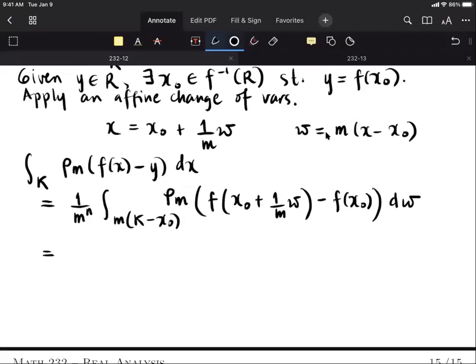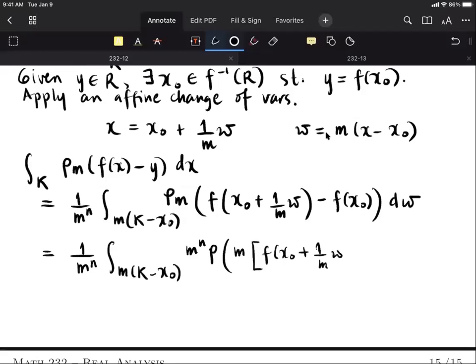According to our definition of rho m, we'll have 1 over m^n times the integral over m(K minus x naught) of m^n rho of m times this difference, dw.